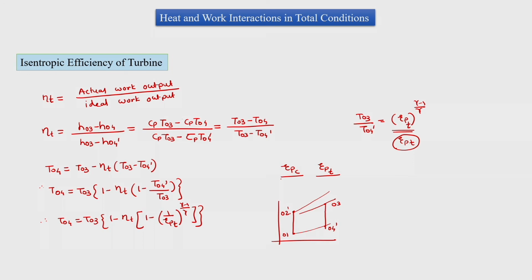But then the total pressure ratios between the inlet and outlet of the compressor and turbine are not the same, due to the loss in total pressure in the combustion chamber, delta P naught CC. So there are two total pressure ratios, and the compressor pressure ratio is always greater than the turbine pressure ratio.